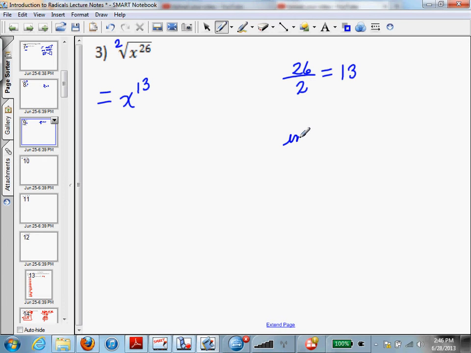So really, we have the index on the bottom and our exponent on top, and the number that you yield will be the base to that power as the answer.